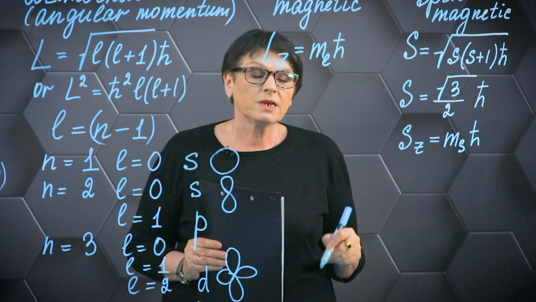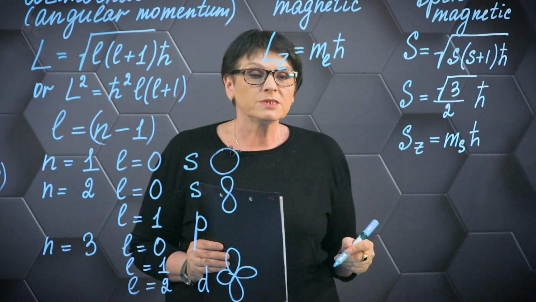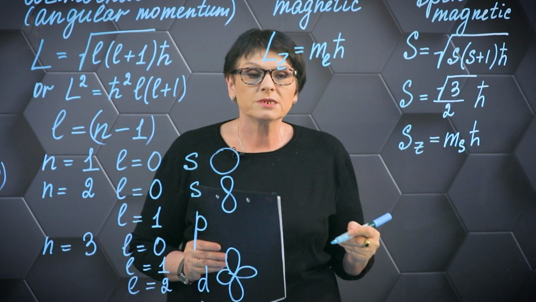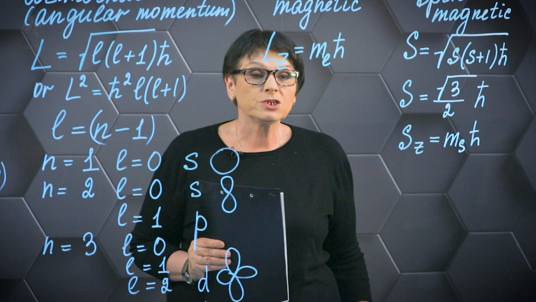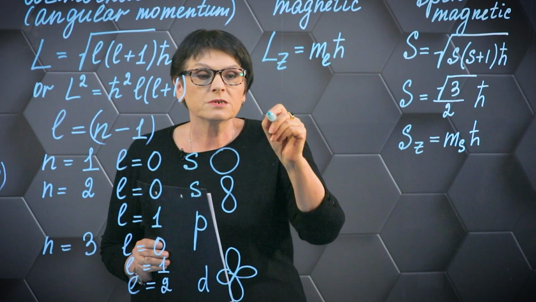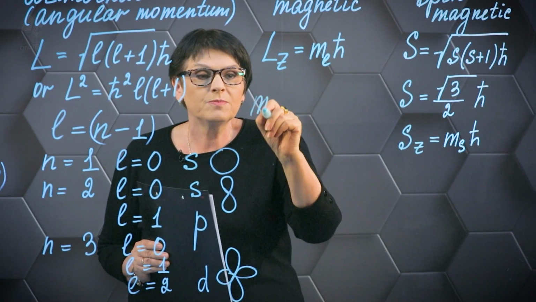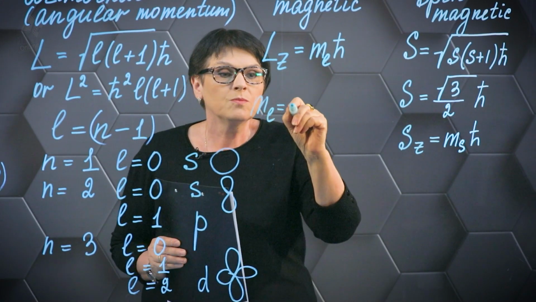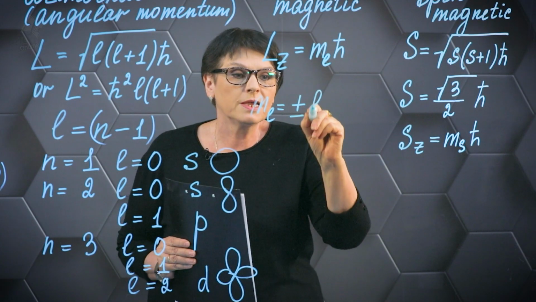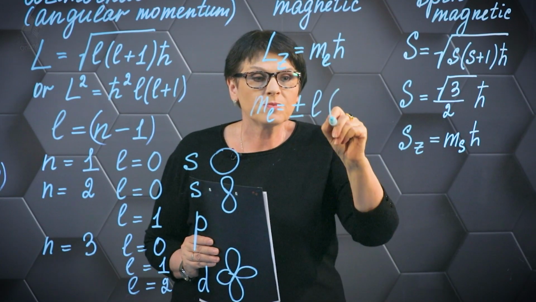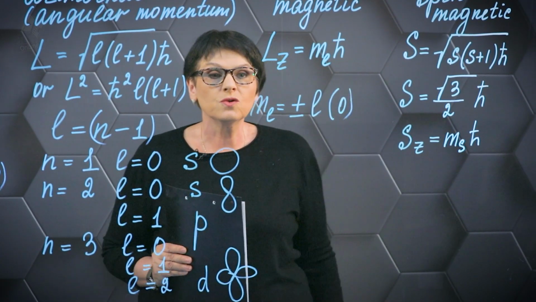The magnetic number allows us to predict how the electron is distributed additionally in quantum cells. In turn, this ml value takes the value plus or minus L, with the value passing necessarily through 0.